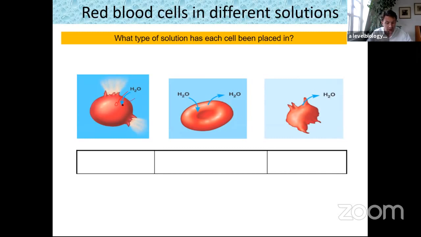So when water moves in, the volume of the cytoplasm will increase and the cell will burst. In the other situation, the cell has been placed into a solution with a more negative water potential, so water will leave, the volume of the cytoplasm will reduce, and the cell will become crenated because the volume of the cytoplasm has reduced.